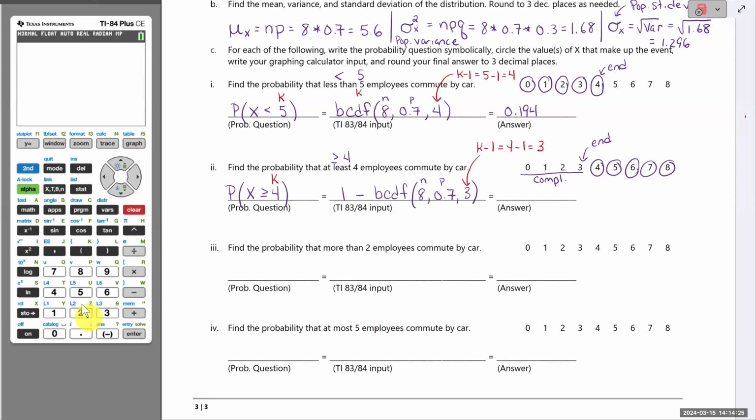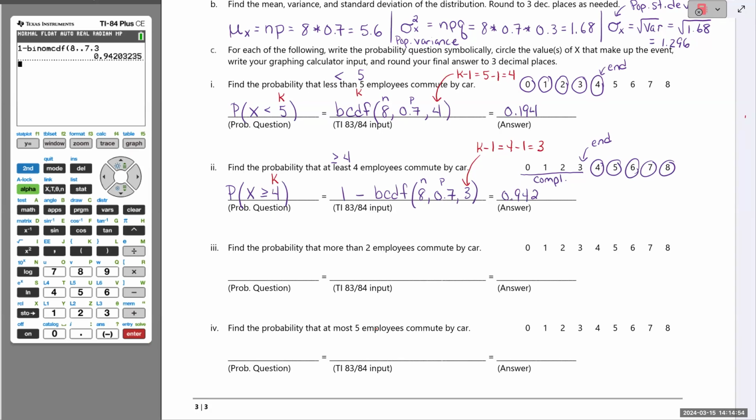So I suggest typing it just like we wrote it, 1 minus, and then go to your binomial CDF. On your screen, you'll have 1 minus binomial CDF, and then 8, 0.7 and the 3. And that will be 0.942.